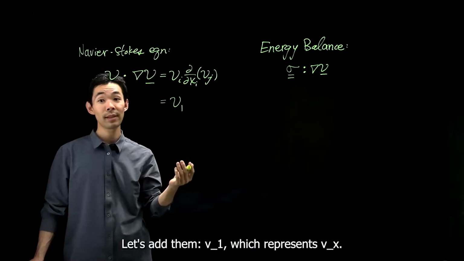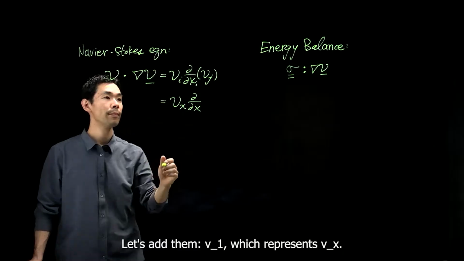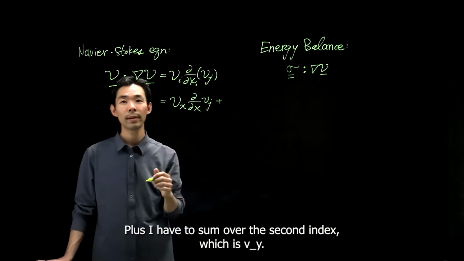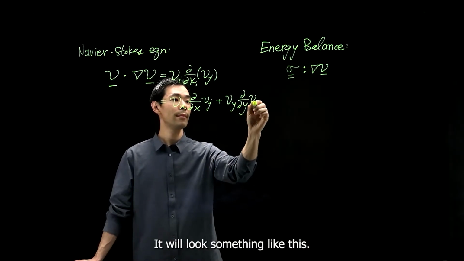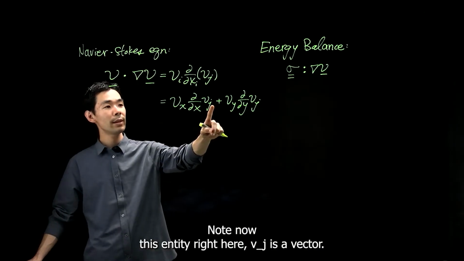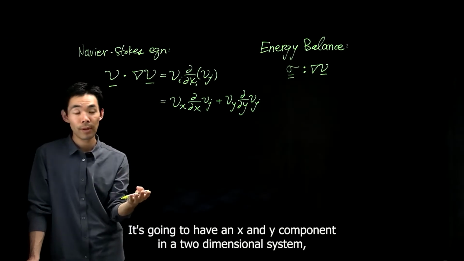v1, which represents x, I'm going to write x instead. The j stays, plus I have to sum over the second index, which is y. Okay? It will look something like this. So note that this entity right here, v sub j, is a vector, right? It's going to have an x and y component in a two-dimensional system.